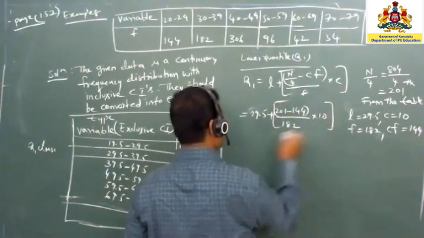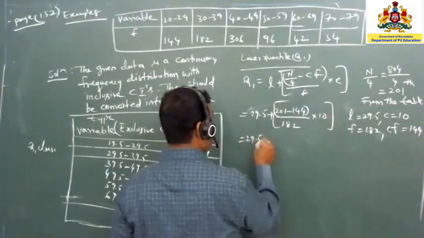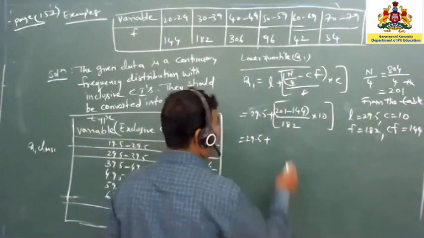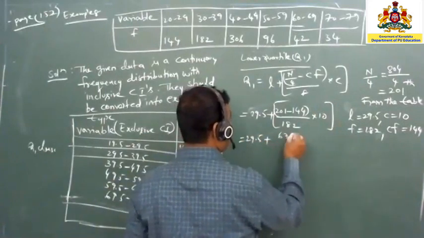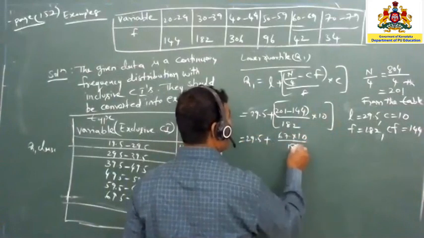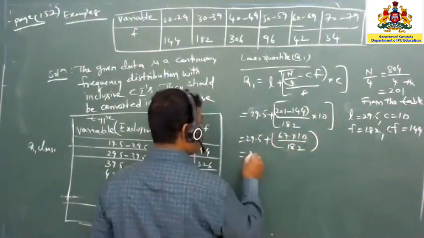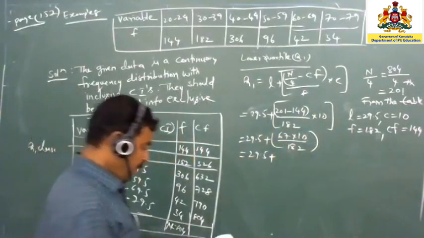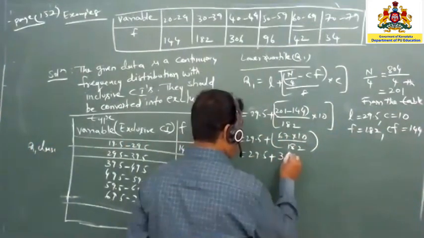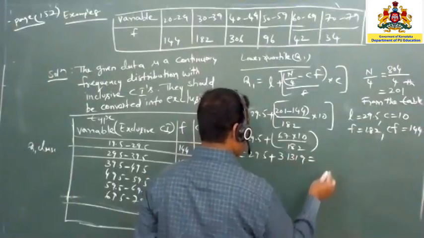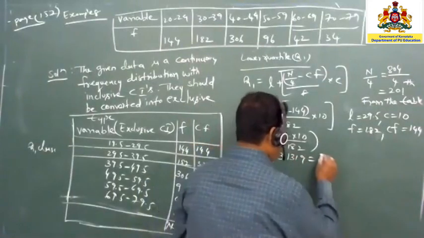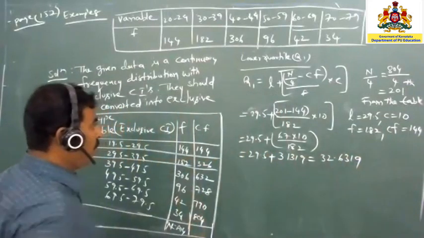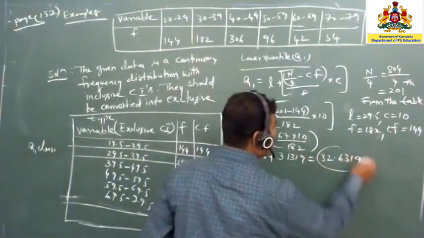By simplification, 29.5 plus 57 into 10 by 182 equals 29.5 plus 3.1319 equals 32.6319. This is the Q1 value.